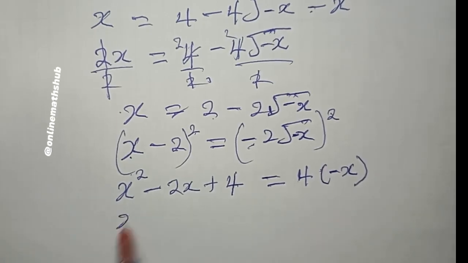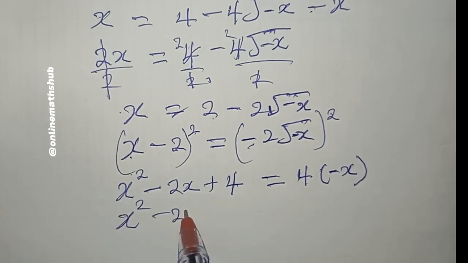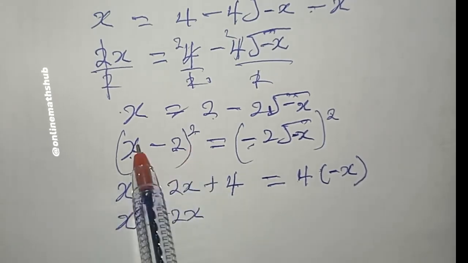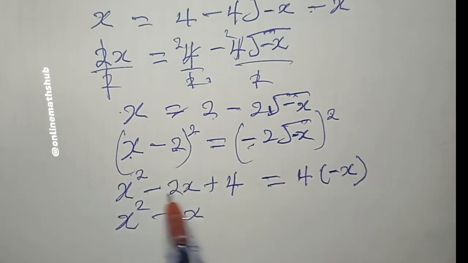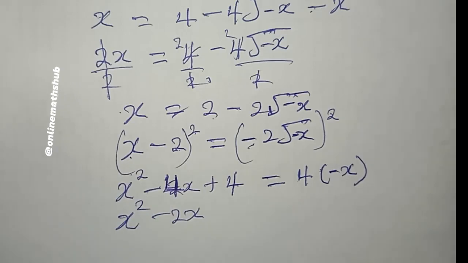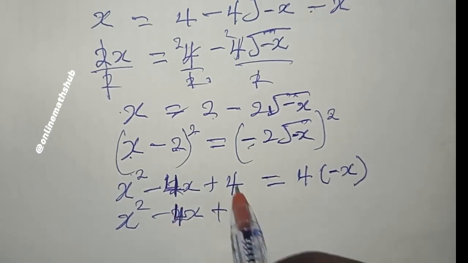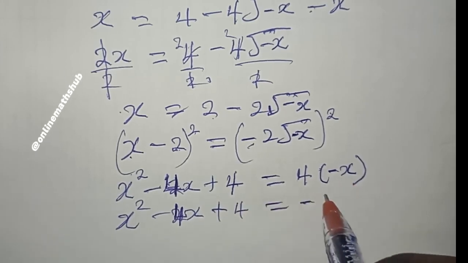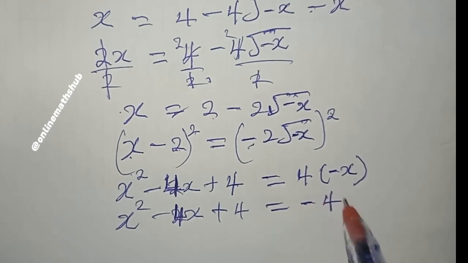So what I have is x squared minus 2x. What we are supposed to have here is 2 times x times minus 2, which is equal to minus 4. So what I have here is minus 4, and then of course plus 2 is equal to minus 4 times negative x.